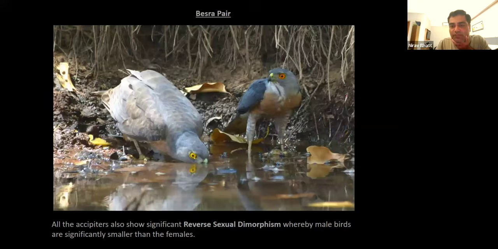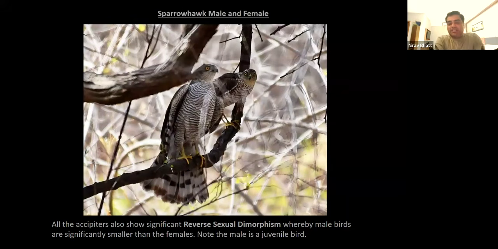Now the next is very important here. See the size difference here. Once again, there is a very large reverse sexual dimorphism in all accipiters. People often confuse this bird for Northern or Eurasian Goshawk instead of Sparrowhawk because it is very big. That is one of the key differences of Sparrowhawk and Eurasian Goshawk. But right now we are seeing that both these birds are Eurasian Goshawks.